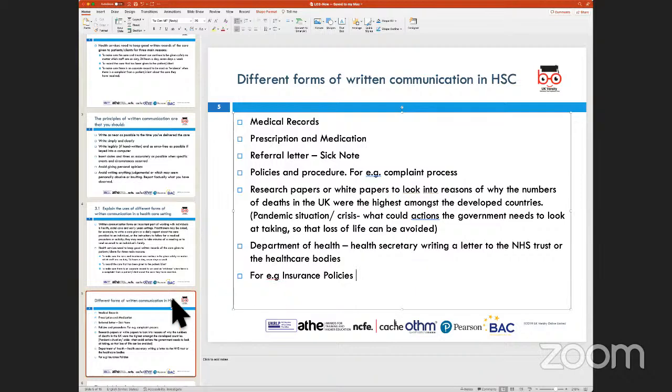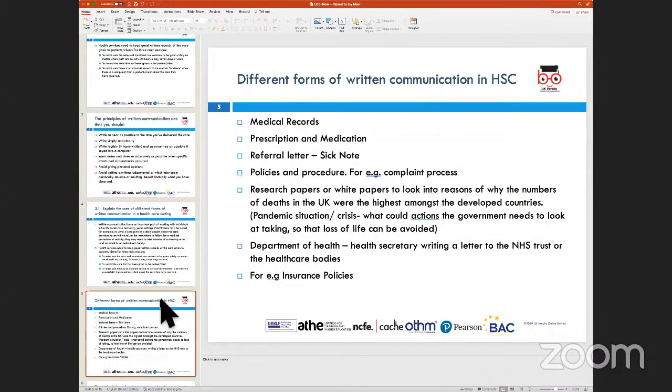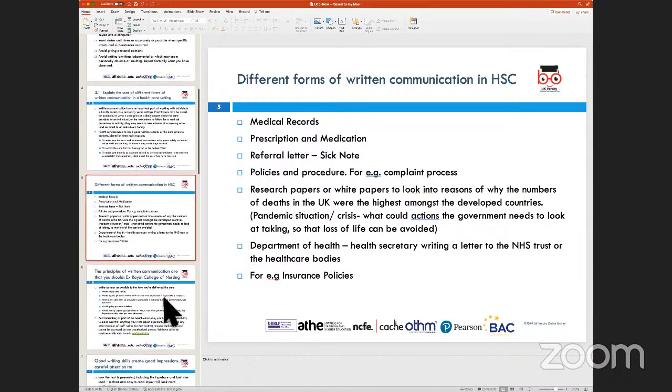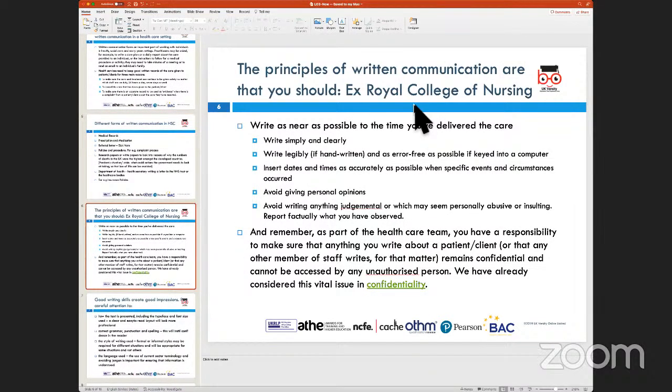So these are different forms and usages of written communication, specifically within a health and social care setting. I've also taken an example of what the Royal College of Nursing would do in terms of written communication.